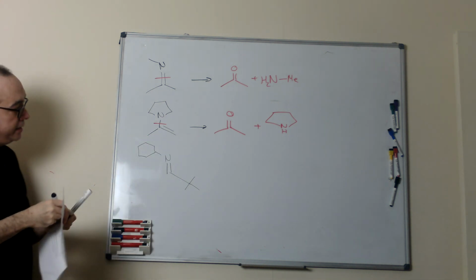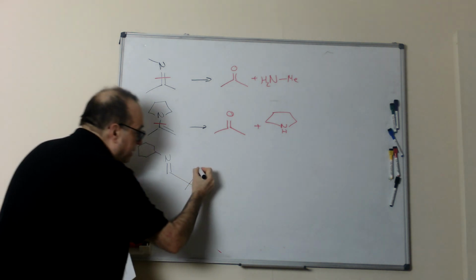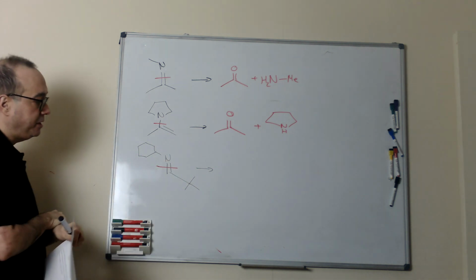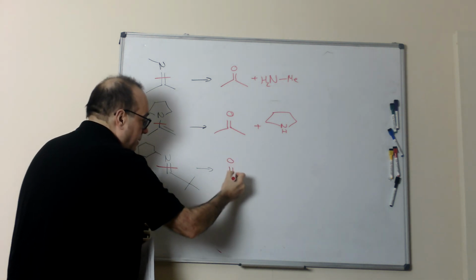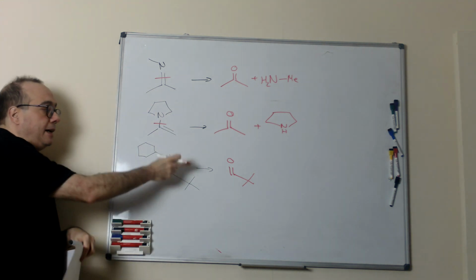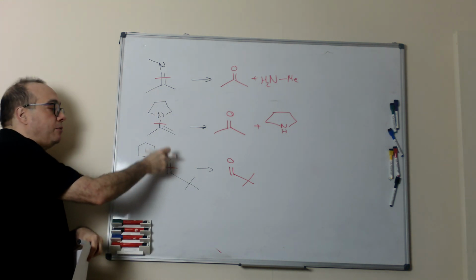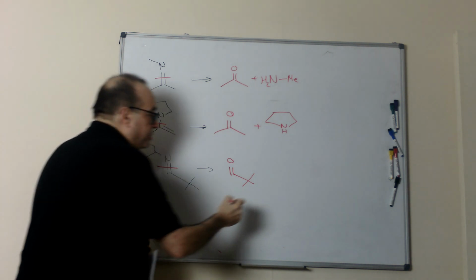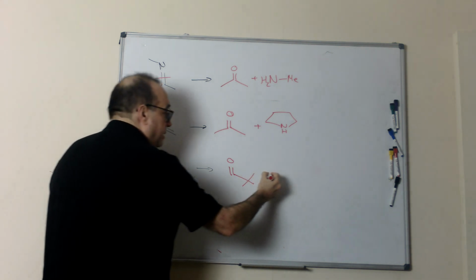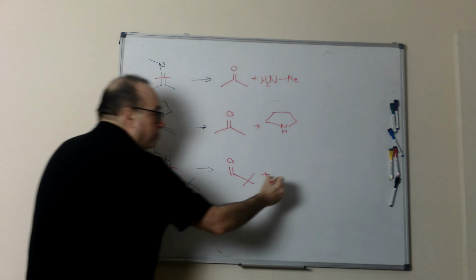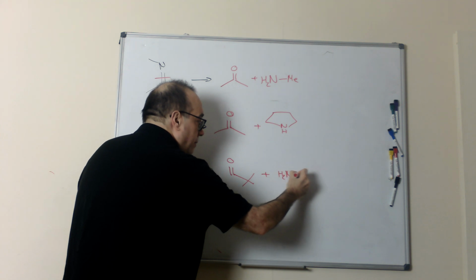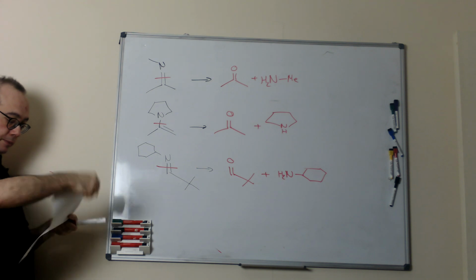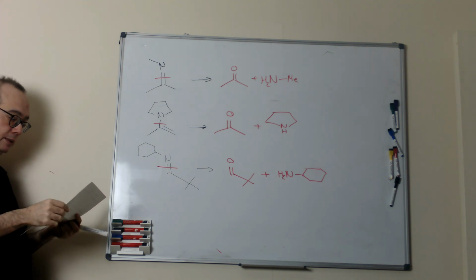We have this imine, and we do exactly the same that we did in the first example. We cut from this part. We have here the aldehyde. In this case, where we have the carbon double bond nitrogen, we put an oxygen, and where we have the nitrogen double bond carbon, we put two hydrogens. That means that it will be this.